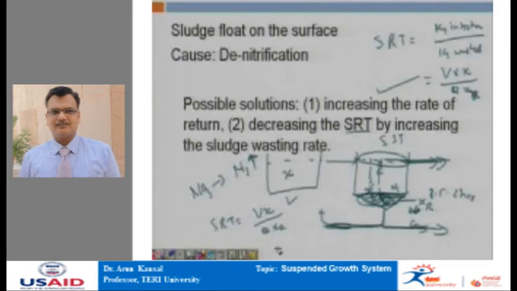So, reducing SRT means reducing the opportunity for the nitrifiers to grow. Since nitrifiers will not be able to grow, we will not have nitrates, and if the nitrates are not there, nitrogen gas will not form in denitrification. So, these are some of the possible solutions if the rising sludge problem comes.